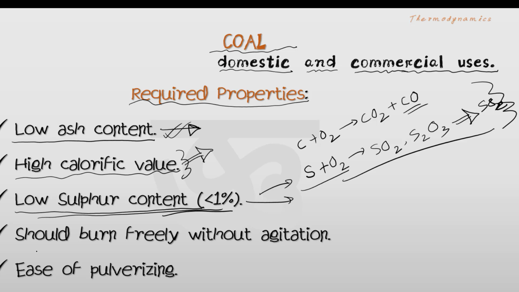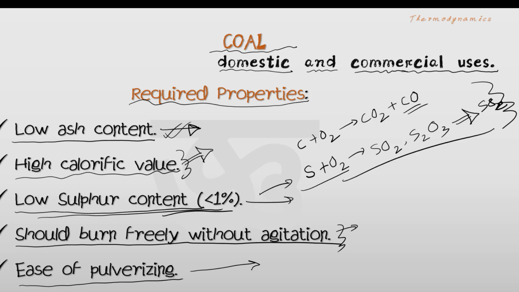And there is some restriction on how much sulfur should be present in the coal used in industries, in thermal power plants and so on. Another required quality or property of coal is that it should burn freely without agitation. Then ease of pulverizing. Pulverizing, I described, is the process of powdering.